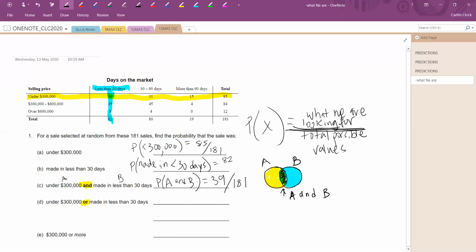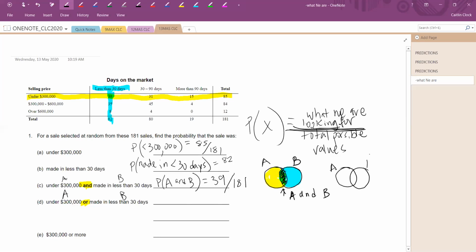Now, if we're talking about "or", we have the same two events. We have A or B. This means something totally different.